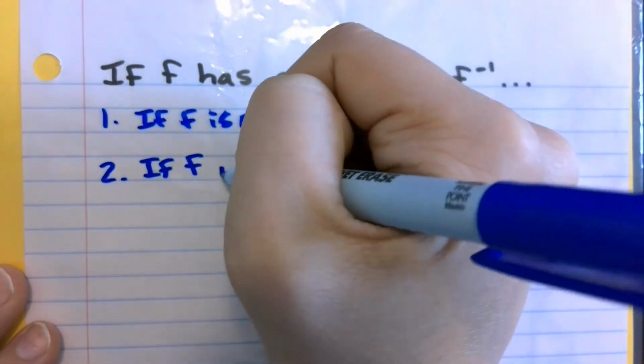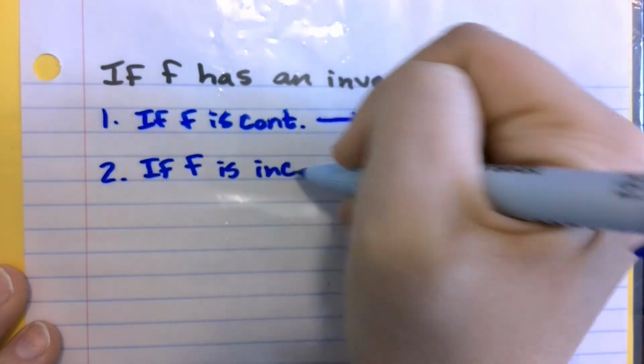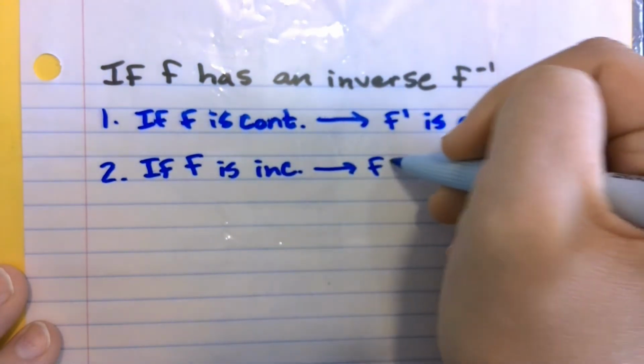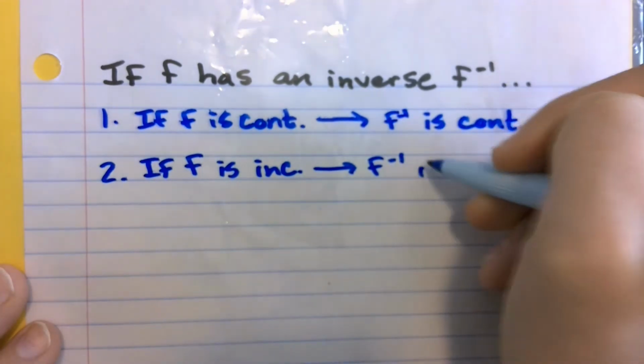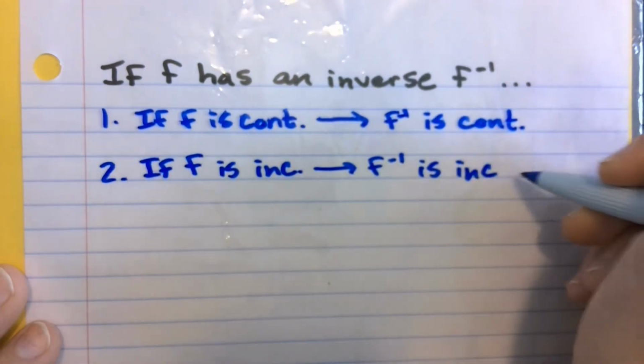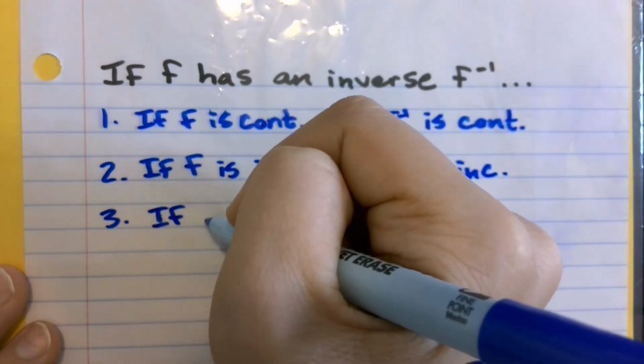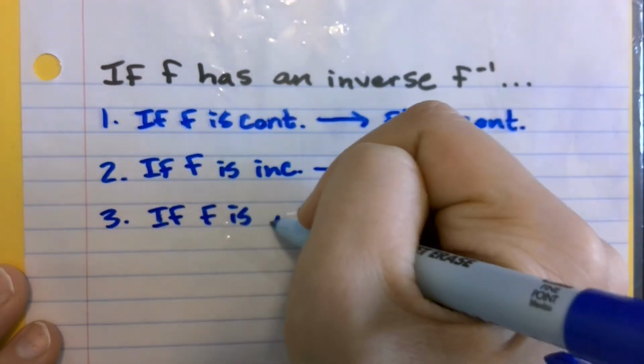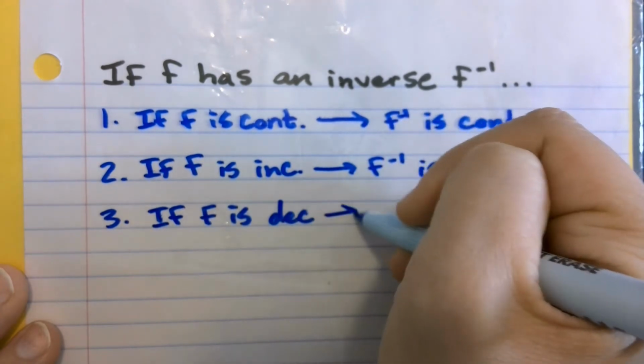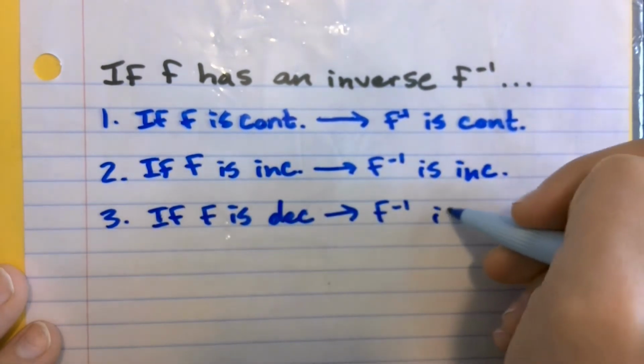If f is increasing, f inverse is increasing. Oh, I left off the inverse there. If f is decreasing, f inverse is decreasing.